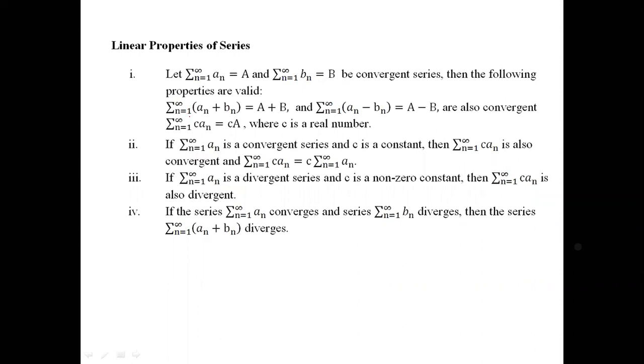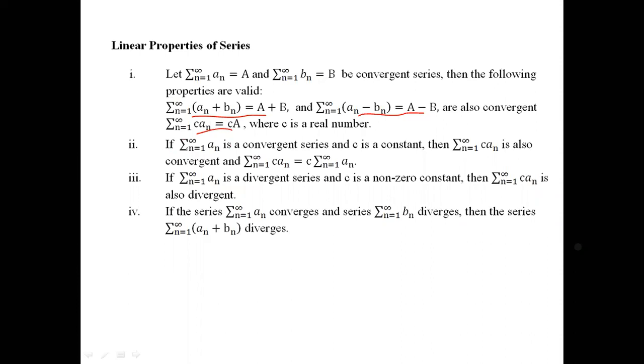So you've seen that these properties we've listed are similar to the ones we talked about under sequences. So this part, this one, and this one is very similar to the properties we discussed under sequences.